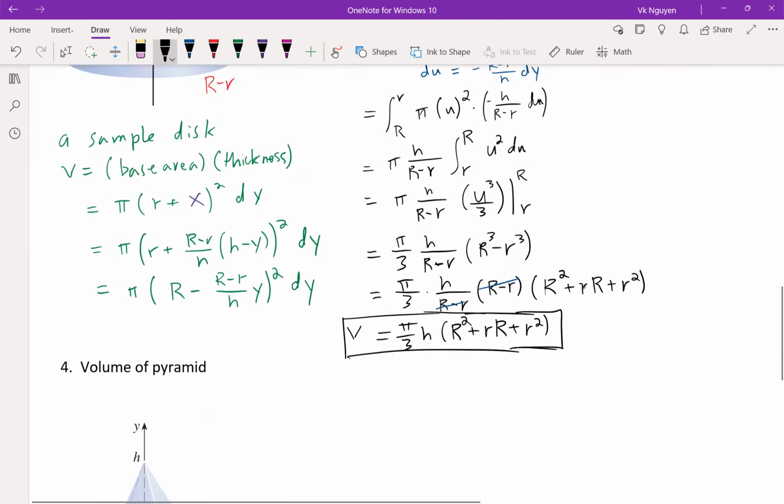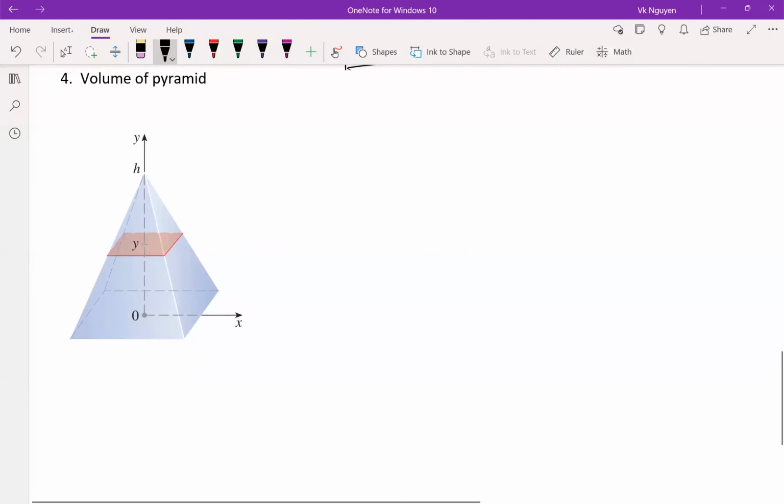Okay, one more example. Volume of pyramid. In the pyramid here, if you take a look, the cross section is a square. So that means a sample slice here.